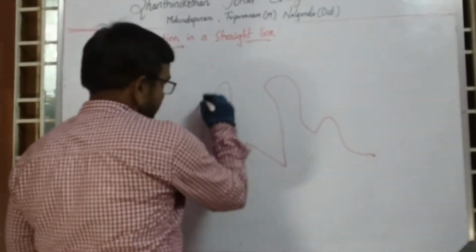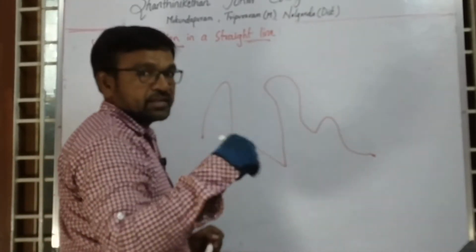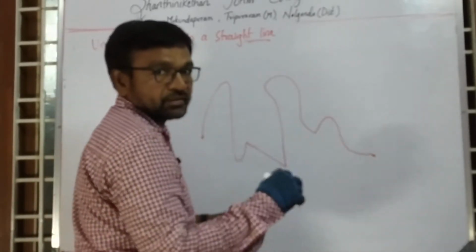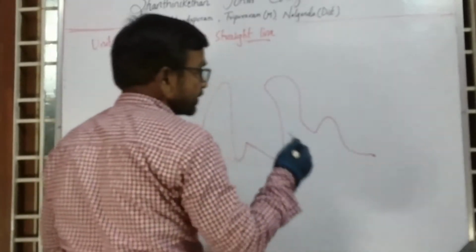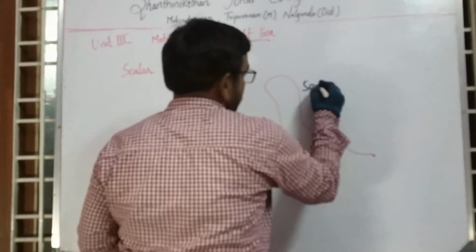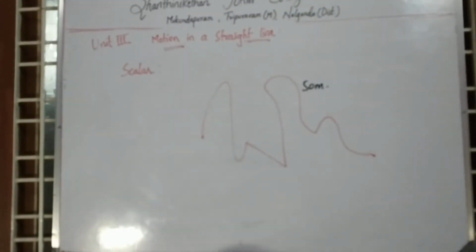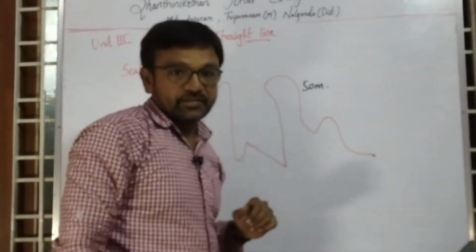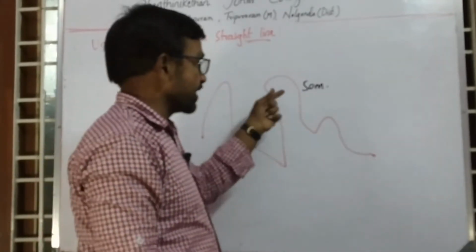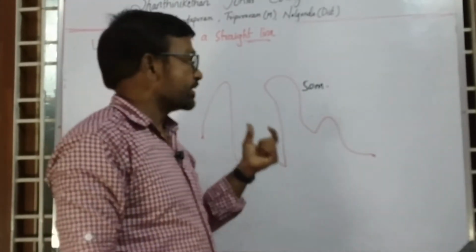A body is traveling from here to here, so it is covering some path. What is the length of the path? That is known as the magnitude. For example, this is 50 meters. It is not maintaining any direction, but it is maintaining some value, the path value.